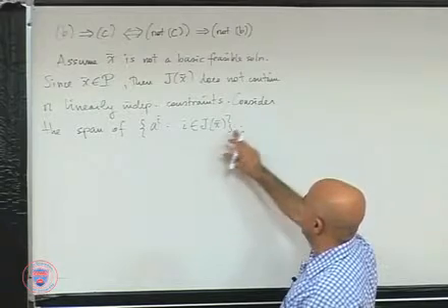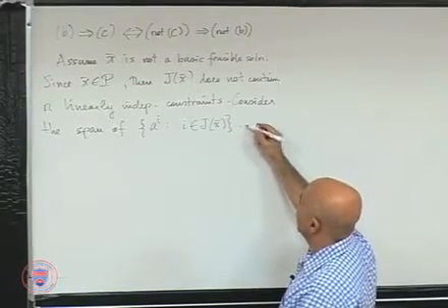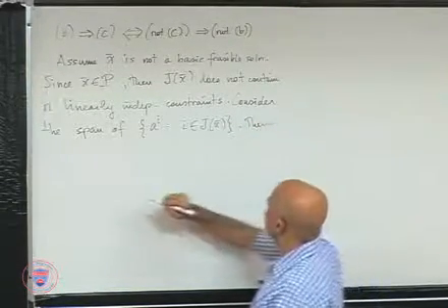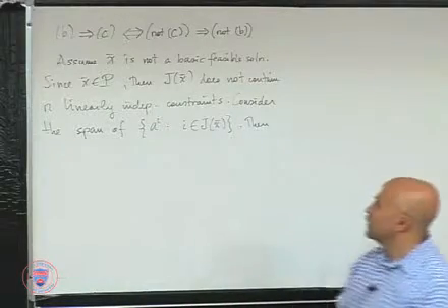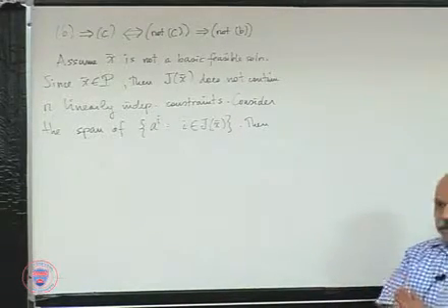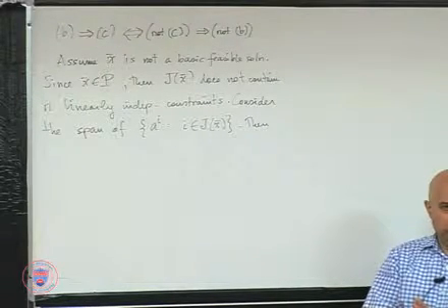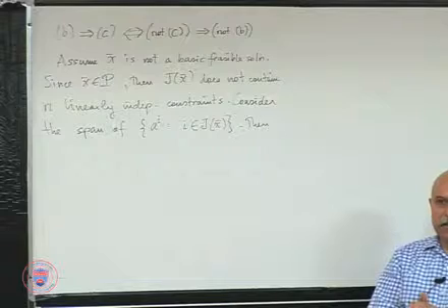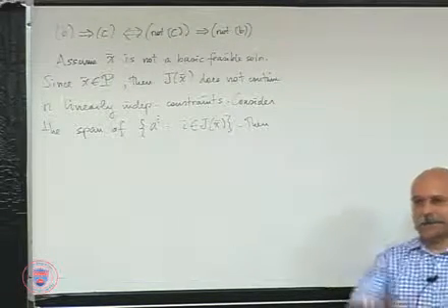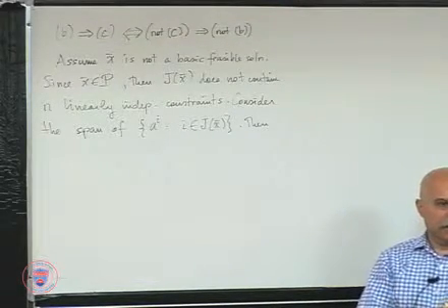So consider the span of this. Then, of course, since you've got less than n here, even if they are linearly independent, you don't have n linearly independent. So the span does not span the entire space Rn.